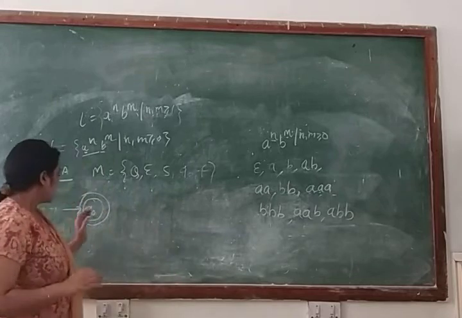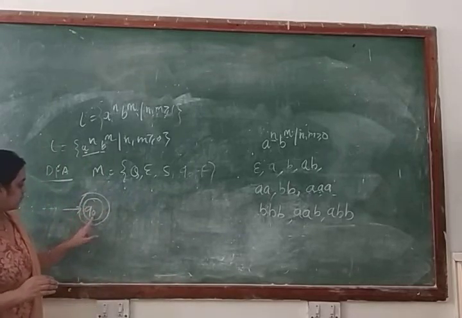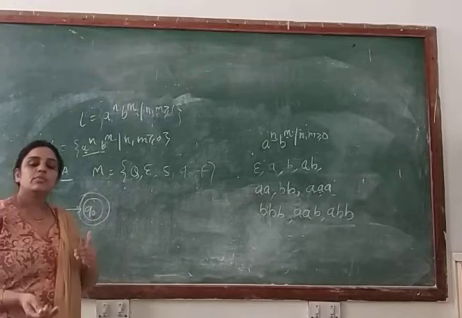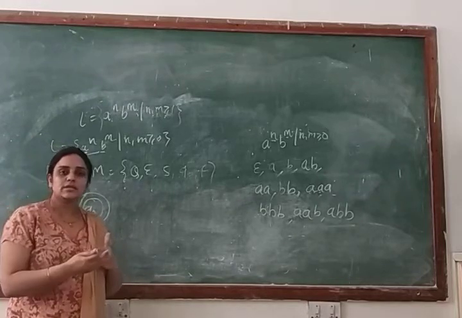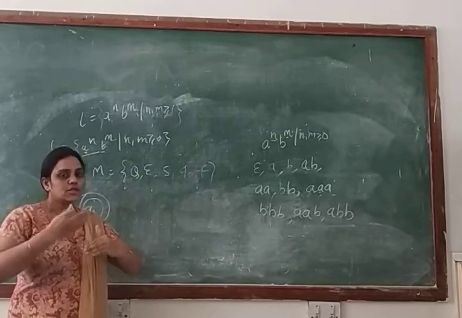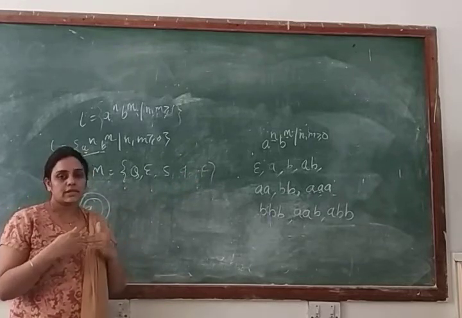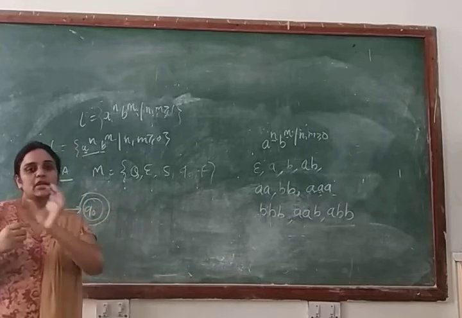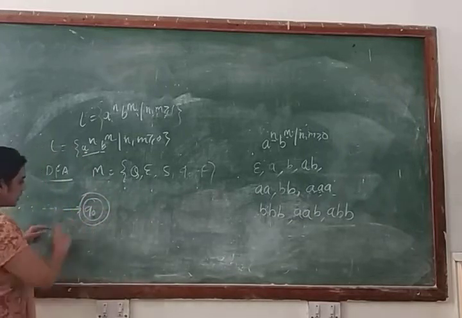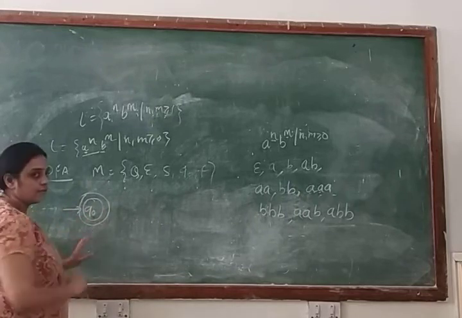So if you are at the initial state and without using any input symbol you reach the final state, then by using epsilon we can reach from the initial to the final state. In that case we can say that your initial state and your final state will be the same. So that's why we are taking the initial state as a final state.